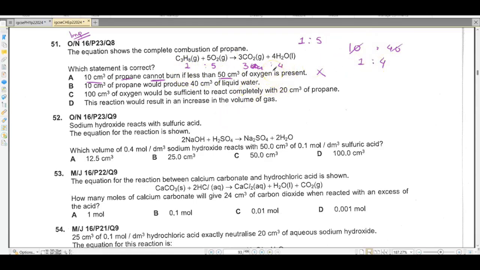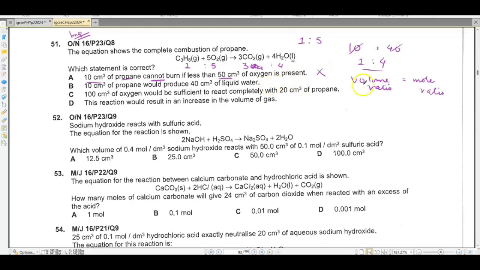But there is one thing that you need to understand. While the mole ratio of C3H8 and water is 1:4, this applies to moles. The H2O produced is in liquid state, and Avogadro's law, which relates volume ratio to mole ratio, only applies to gases at room temperature and pressure.